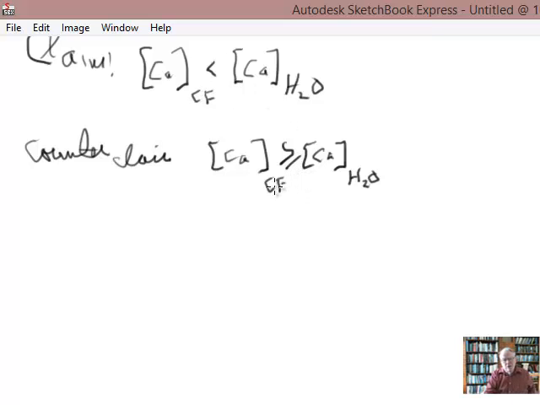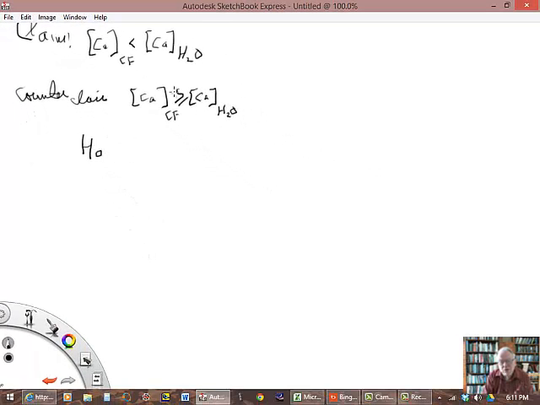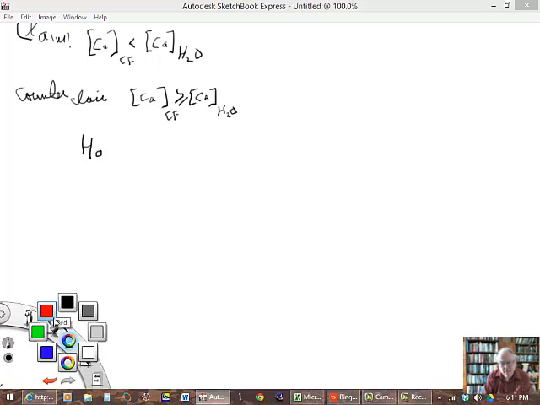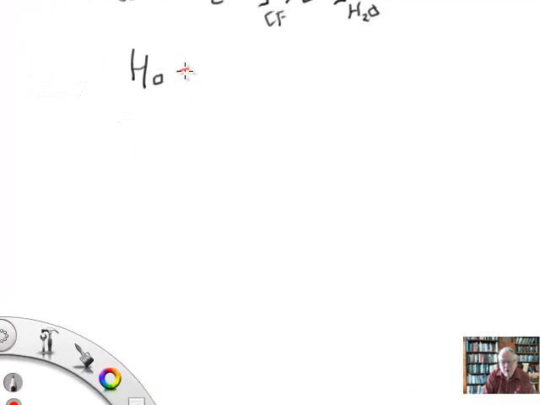Okay. So now I'm going to frame these claims in terms of a hypothesis test. The null hypothesis is the claim which contains the equal sign, which in this case is the counterclaim. So the counterclaim is the null hypothesis.